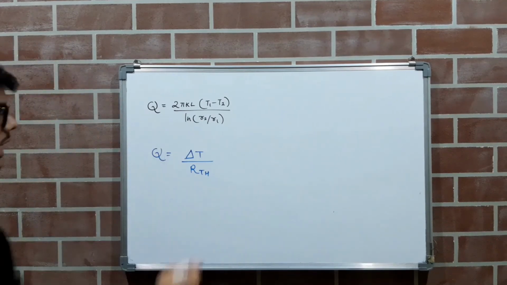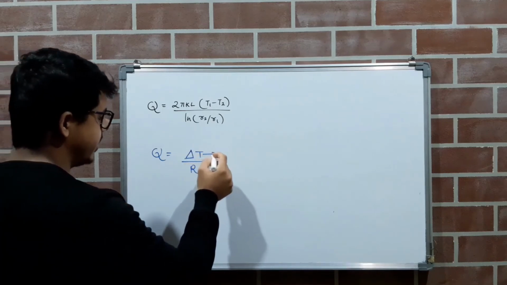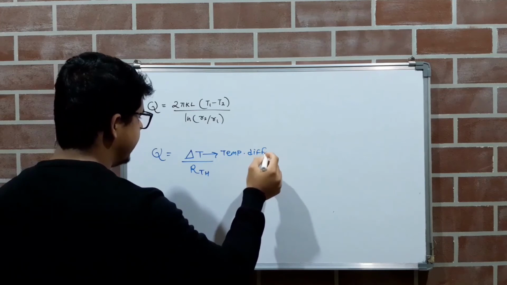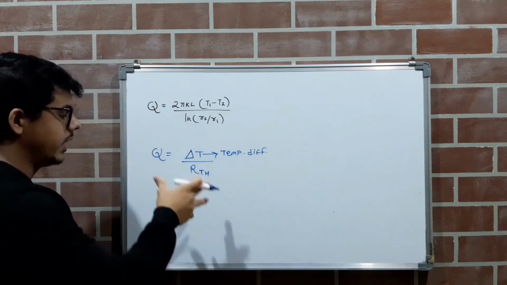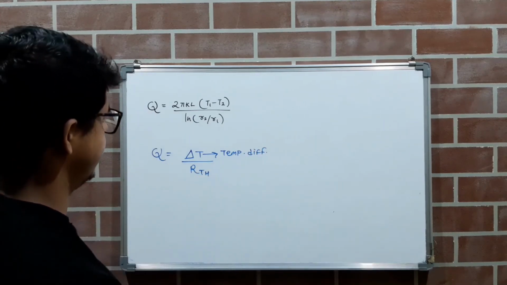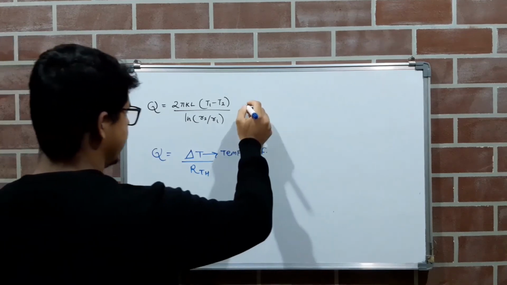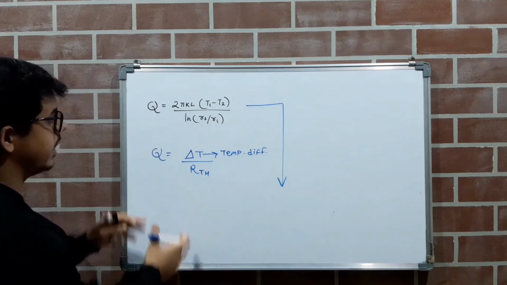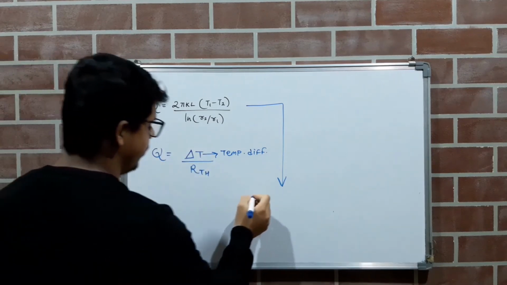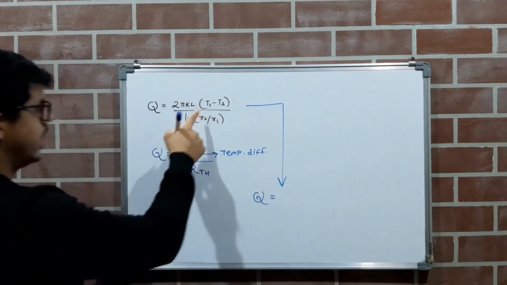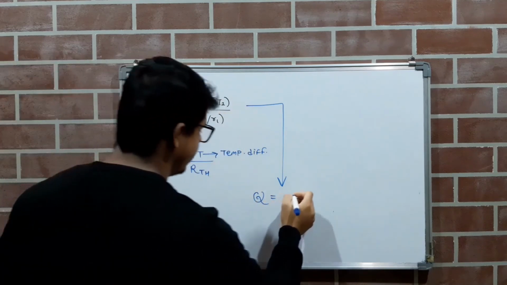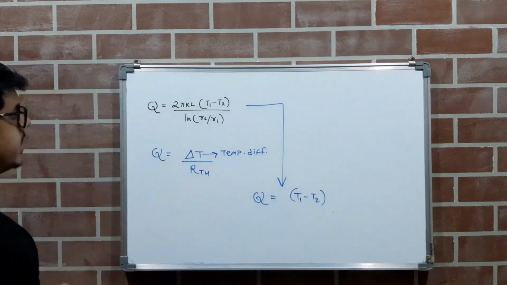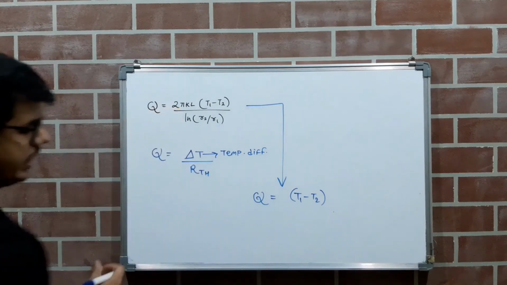So here it is the temperature difference, and in the denominator whatever will come will be our thermal resistance. So we will bring the above equation in this form. First Q as it is. Now the temperature difference is T1 minus T2 in the numerator. Now the remaining thing which is there we will bring in the denominator.